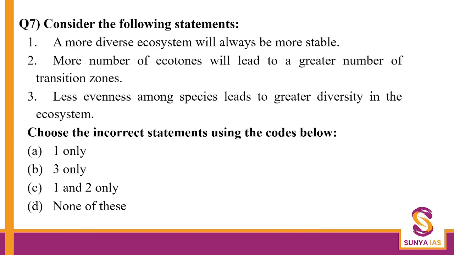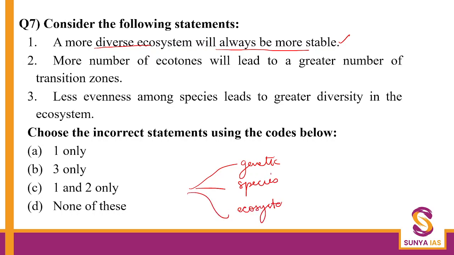All right. Now, three statements again with the concept of basic biodiversity. A more diverse ecosystem will always be more stable. True, because a more diverse ecosystem will have more genetic diversity, it will have more species diversity, and overall it will be having more ecosystem diversity.